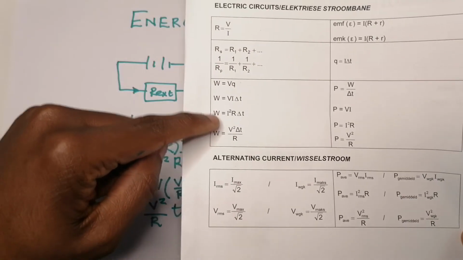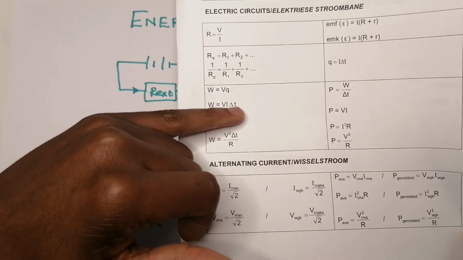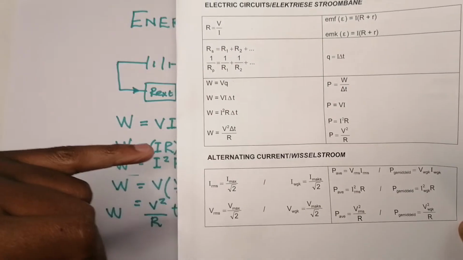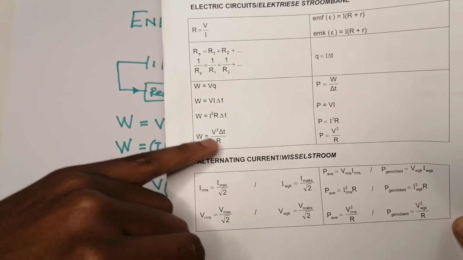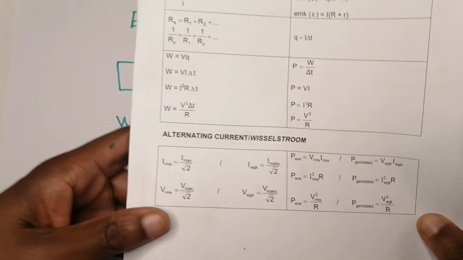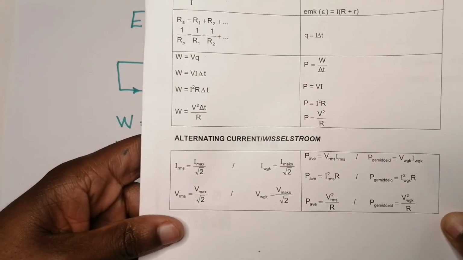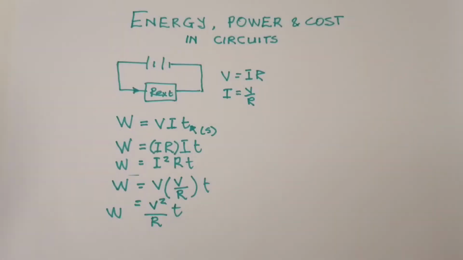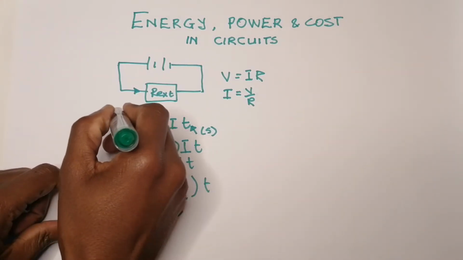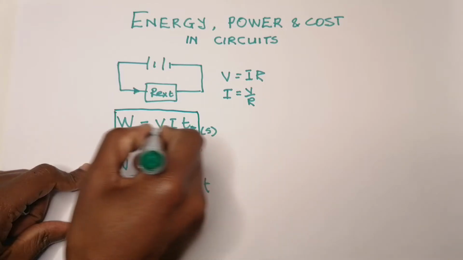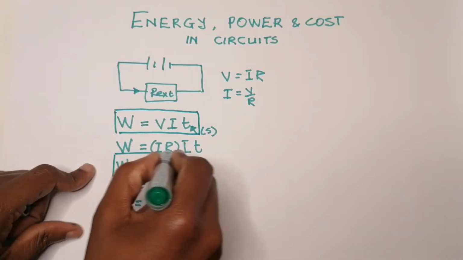On this side, that's VI delta T, so voltage, current, change in time, then I squared R times delta T, and V squared delta T over R. So you do have those equations available to you, and you don't necessarily need to worry about it. By definition, we've just found, or rather I've just shown you, that there are three equations for energy.